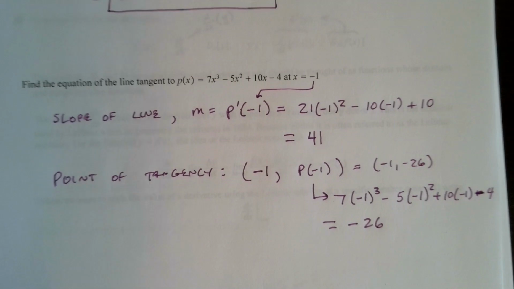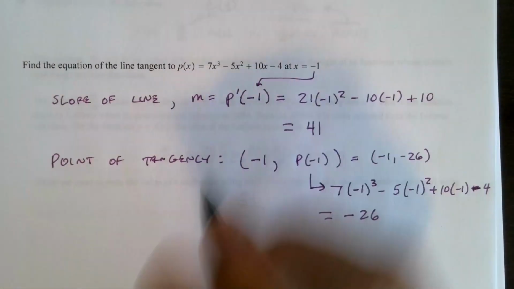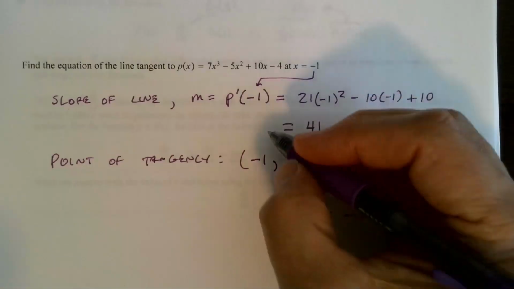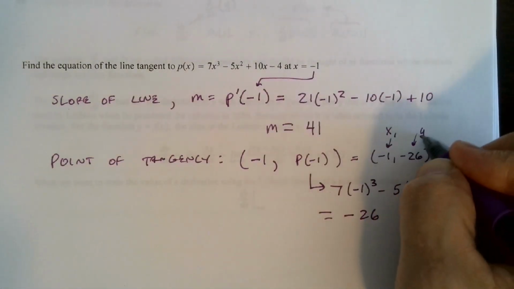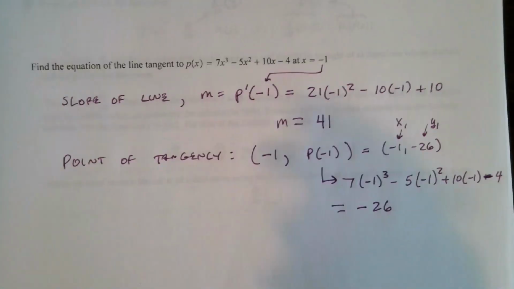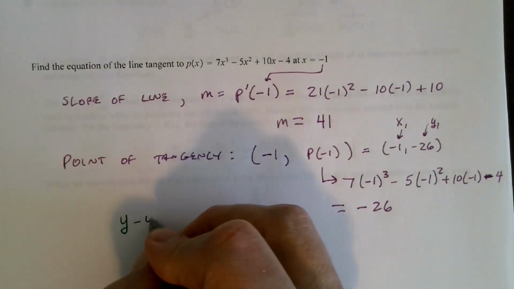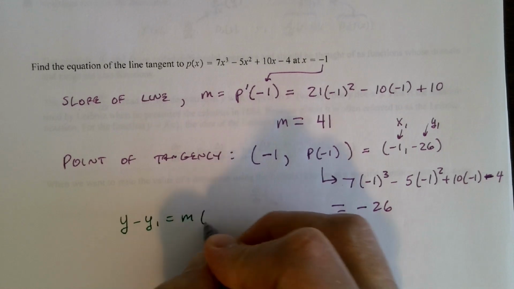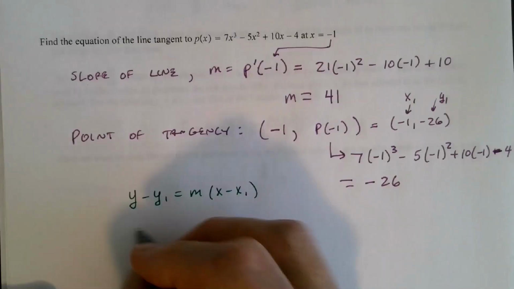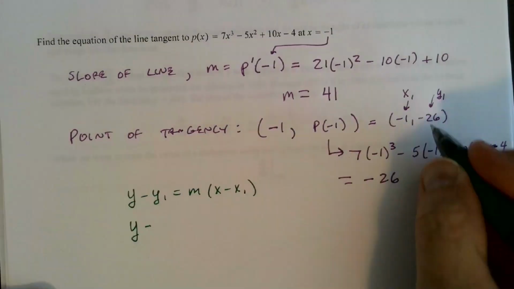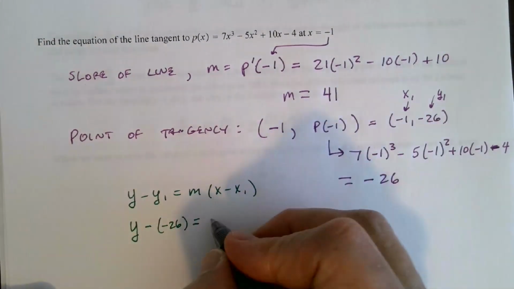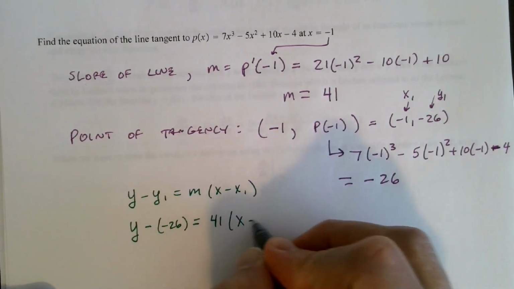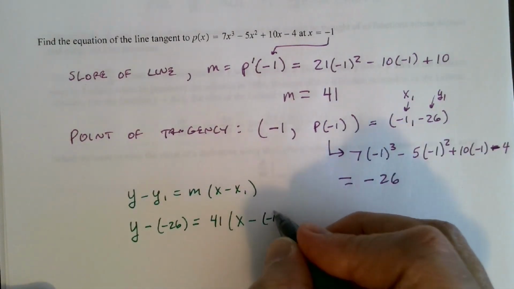And so with this information, I can now find the equation of my tangent line. Here's my slope, m. This is my point x1 comma y1. And so if you remember, the point slope equation for a line, y minus y1, is y minus -26, equals m, which is 41, times x minus x1, which is -1.